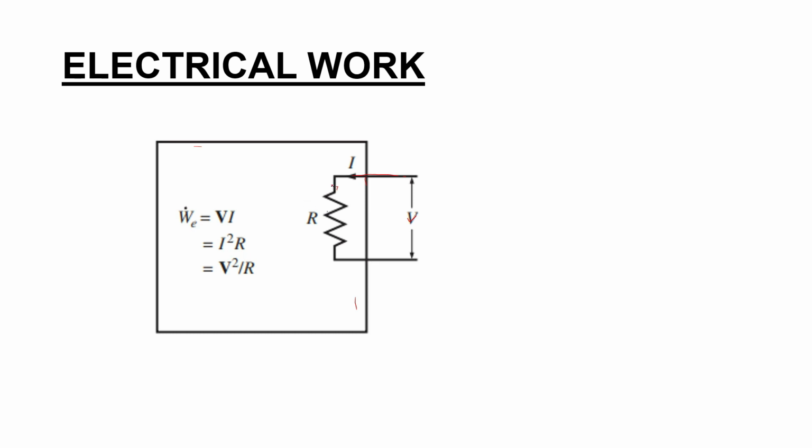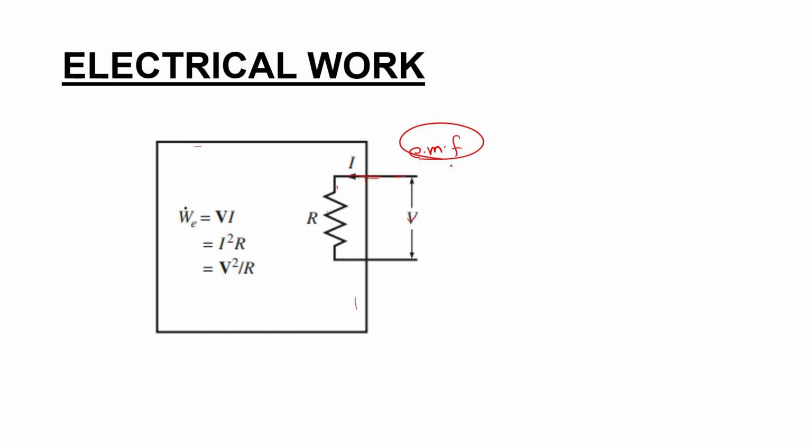Okay, but you can see that from the outside, energy is transferred to the system in the form of work only. Because a work is said to be done when the force is acting through a distance. Here the force is the electromotive force, EMF. This EMF is causing the electrons to move across this resistor.